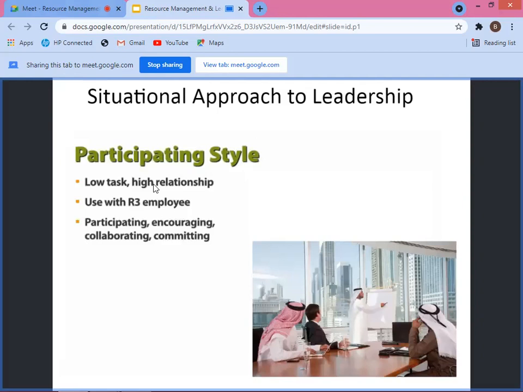Participating style: low task, high relationship, used with R3 employees. Participating, encouraging, collaborating, and committing.